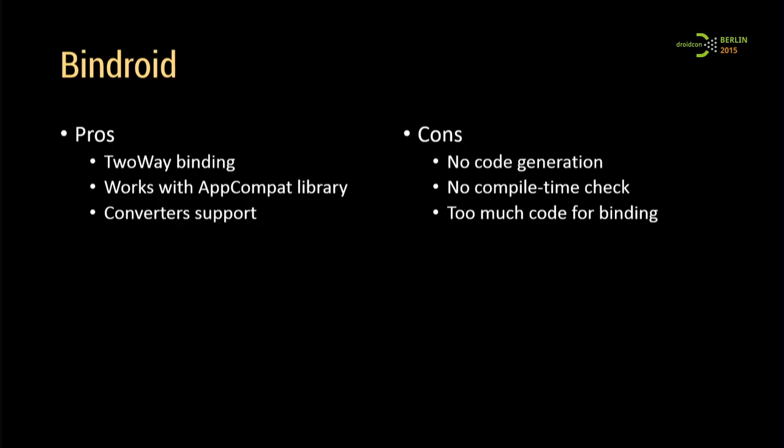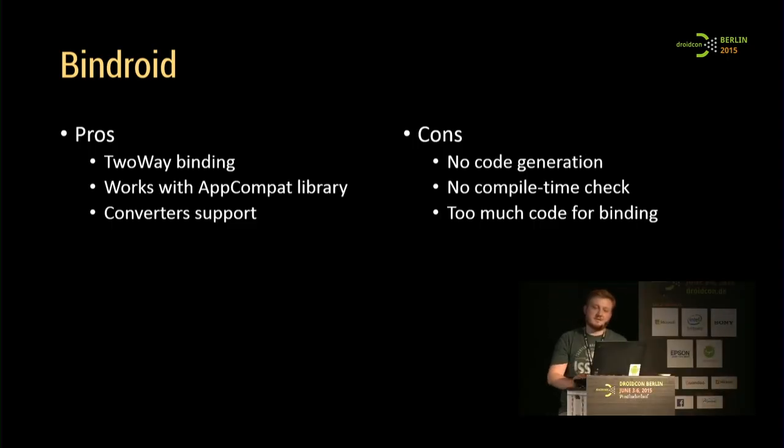So pros: it has two-way binding. It works with the app-compat library because we are inflating our view using normal Android methods. It has converter support. And the cons: there is no code generation, unfortunately, and no compile time checking if everything is okay.